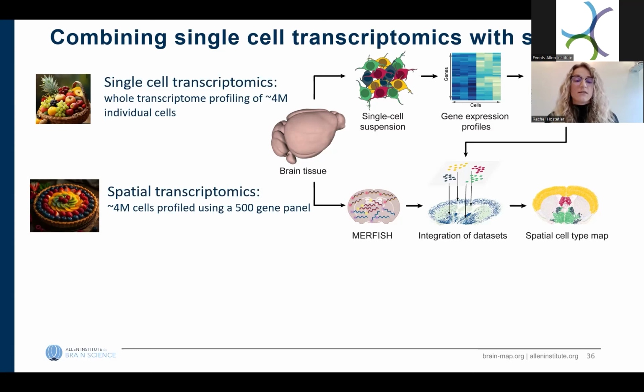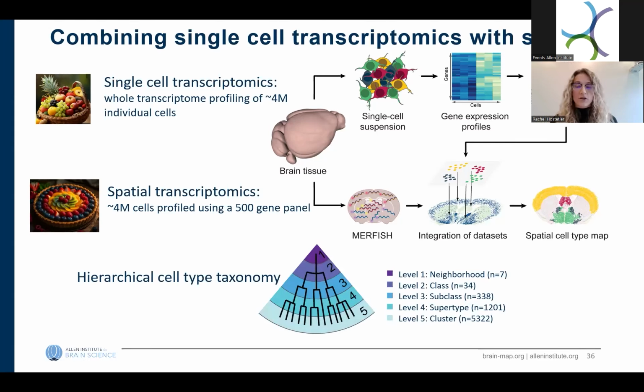And together, this shows us where these cells are located within the brain, and we can look at their hierarchical information. So we can see how they're related to each other, whether or not they're genetically distant or close, by mapping these out through a hierarchical cell type taxonomy. By doing this, we're able to see our top level of cells, or our neighborhood.